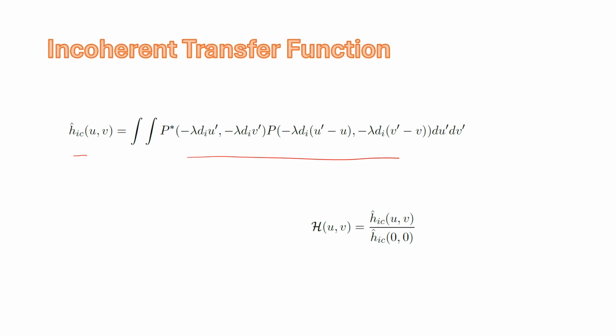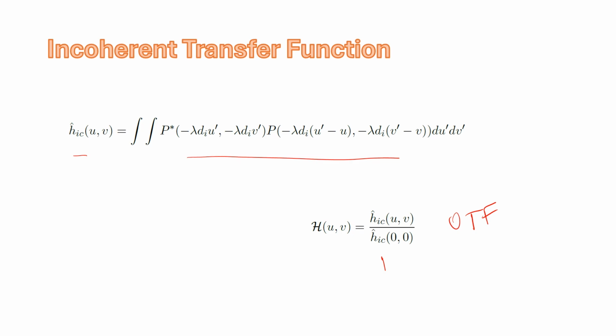Now, in a lot of cases, we're interested in comparing the relative transfer at different spatial frequencies. So this is often normalized to define what we call the optical transfer function, the OTF, which is the convolution of the pupil function divided by the value at 0. And it happens that at 0, we're just integrating the total magnitude squared of the pupil function.